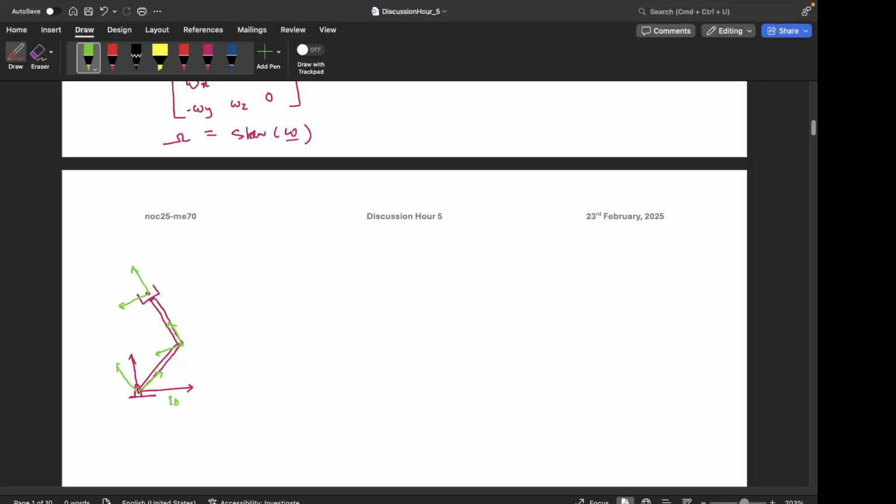This is frame 0, this is frame 1, this is frame 2, and this is the tool frame at the end effector. This angle is theta 1, and let me write it this side.